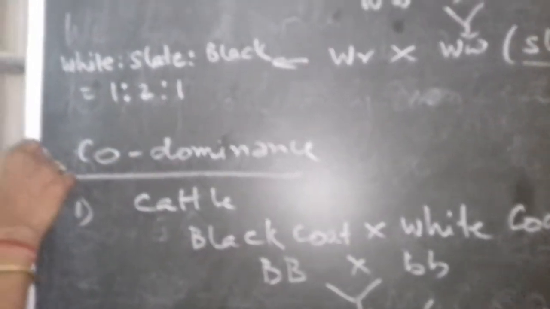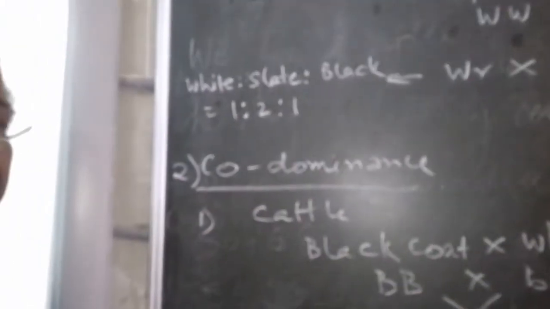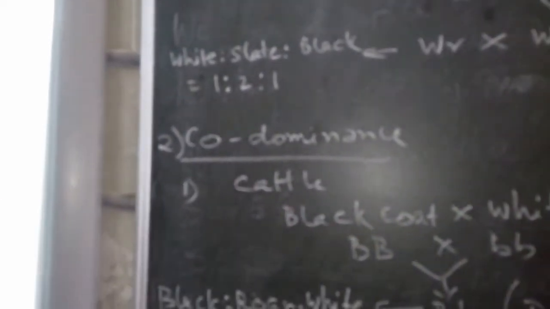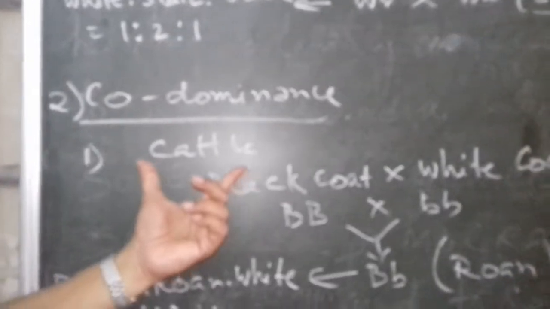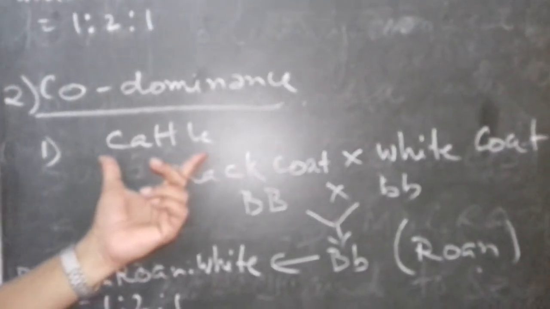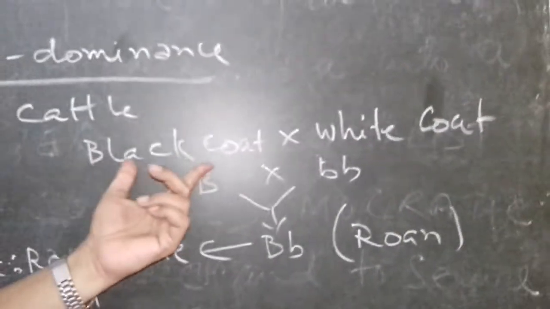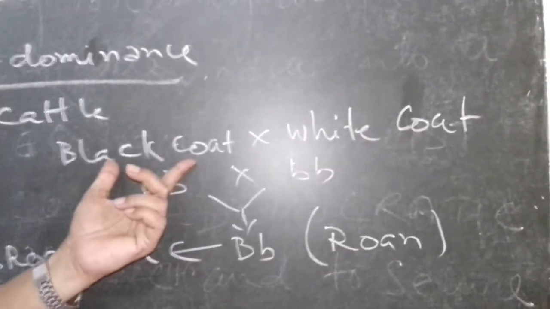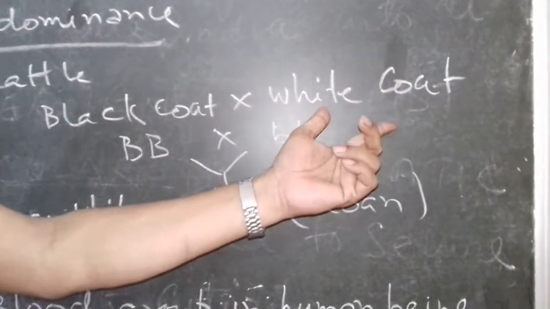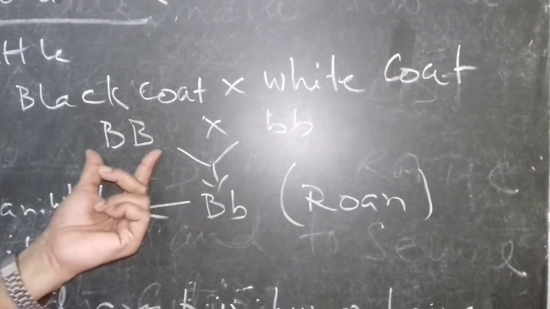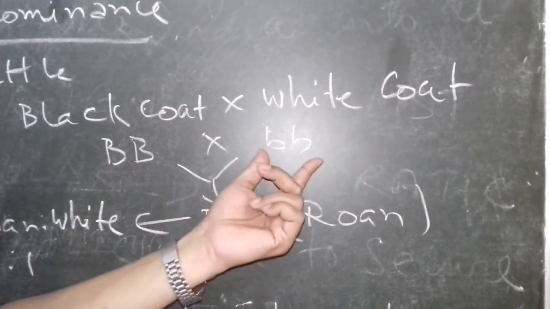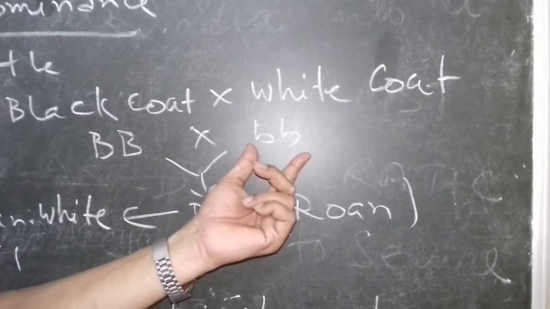We go to the second example of the intragenic gene interaction, which is codominance. An example is found in certain cattle. You will see that in cattle, some cattle have a black coat, some cattle have a white coat. Black is expressed by capital B as a dominant, and white by small b as a recessive.